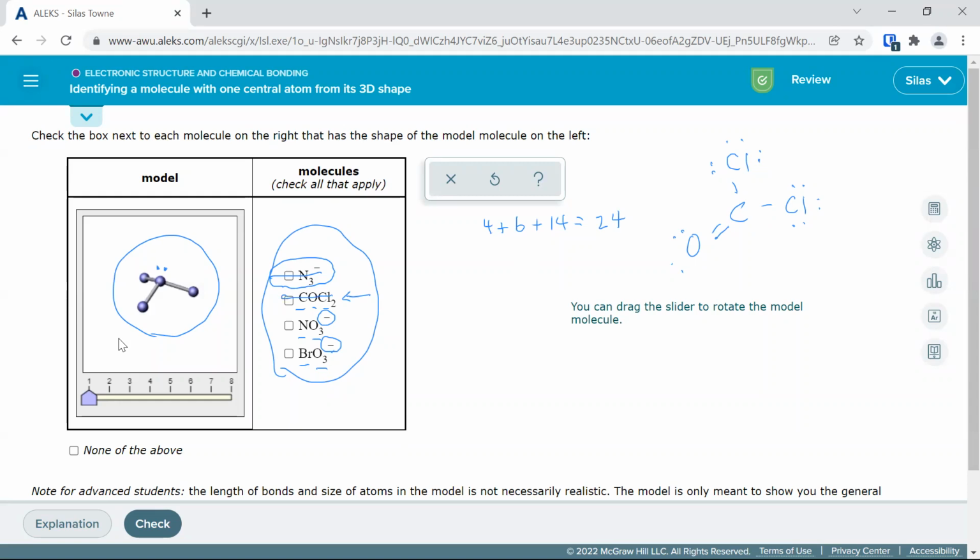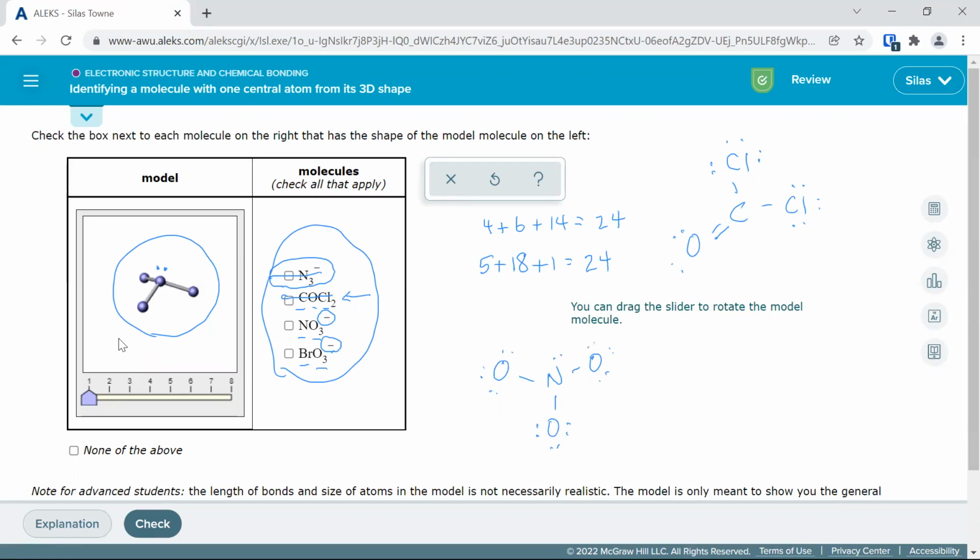Now let's look at the next 2. So nitrogen comes with 5, plus the 18 from the 3 oxygens, plus 1 more from our charge. So we're at 24 again. But nitrogen's okay with that double bond. So let's fill our octets and see where we stand.